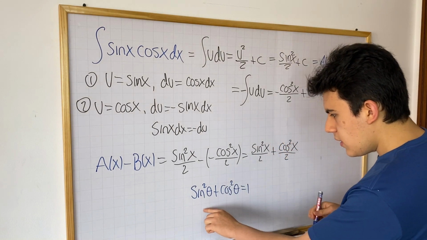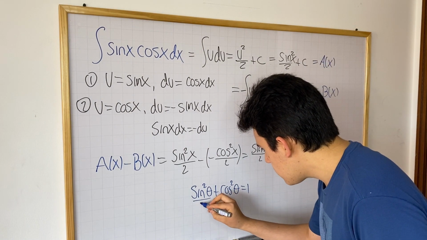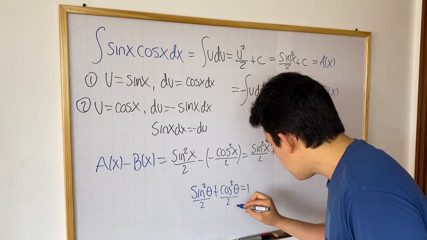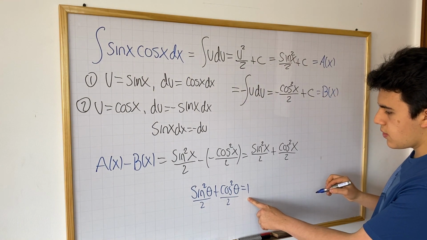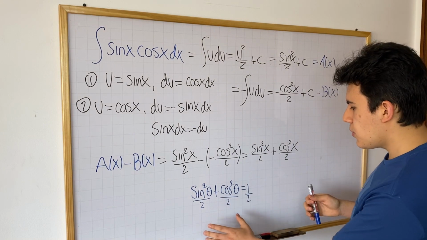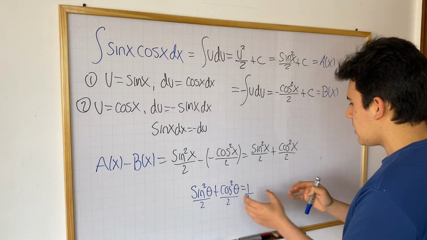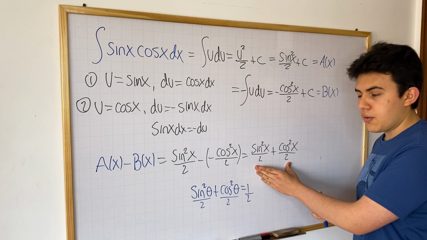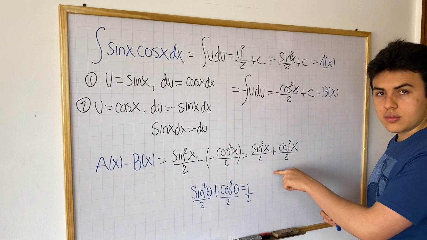If you divide both terms on this equation by 2, you also need to do it on the right hand side of the equation, so you would get this. Based on this identity, the left hand side of the equation is exactly the same as the expression that you have in this equation.